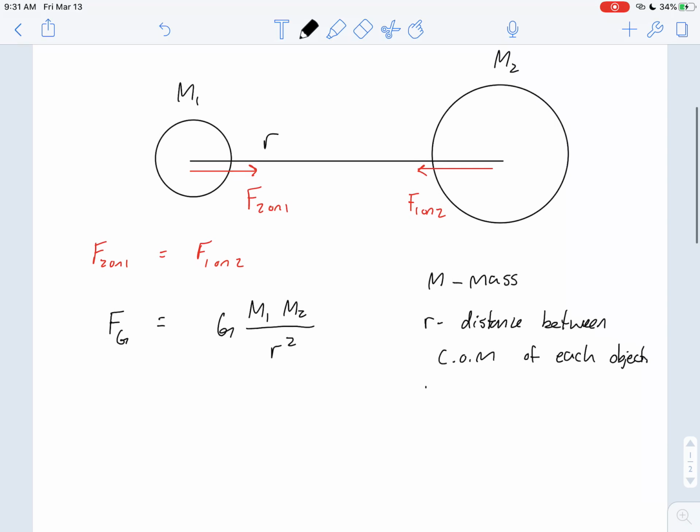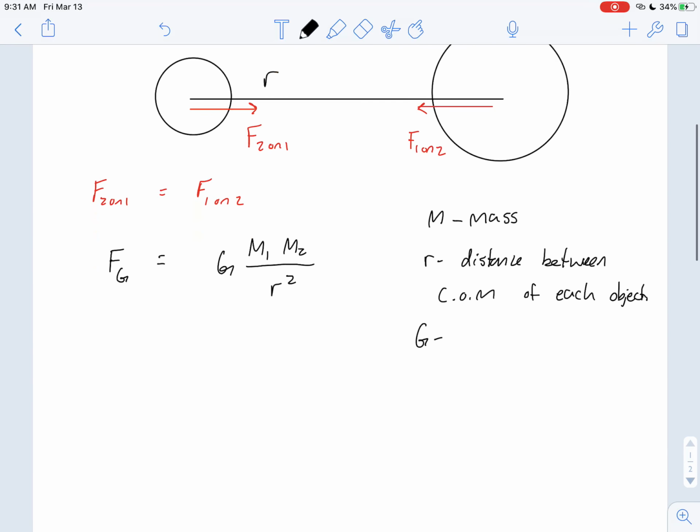And then big G is a universal constant, and it is equal to 6.67 times 10 to the minus 11 newton meter squared per kilogram squared. This number is a constant everywhere in the universe. It doesn't change. That constant is also on the formula sheet, so no need to memorize it.